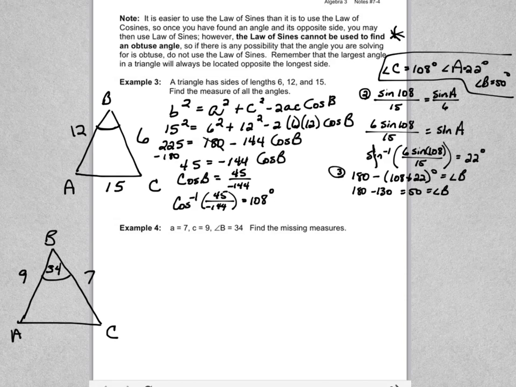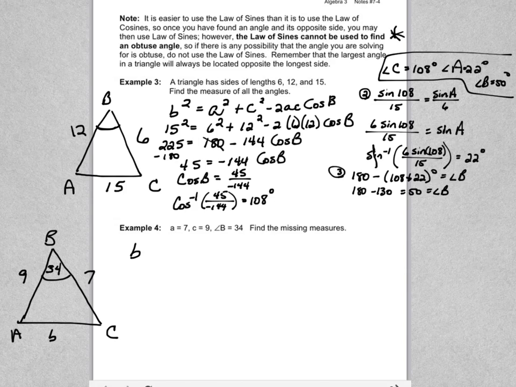So obviously we know an angle and we know two sides, and we know two sides and the angle between them. So then we can solve for that other side that we're missing. So we can solve for B right here.